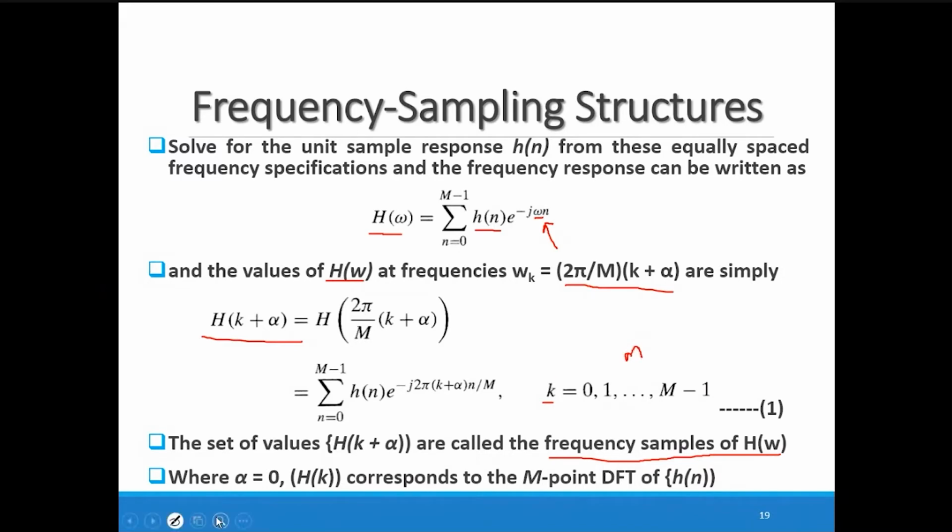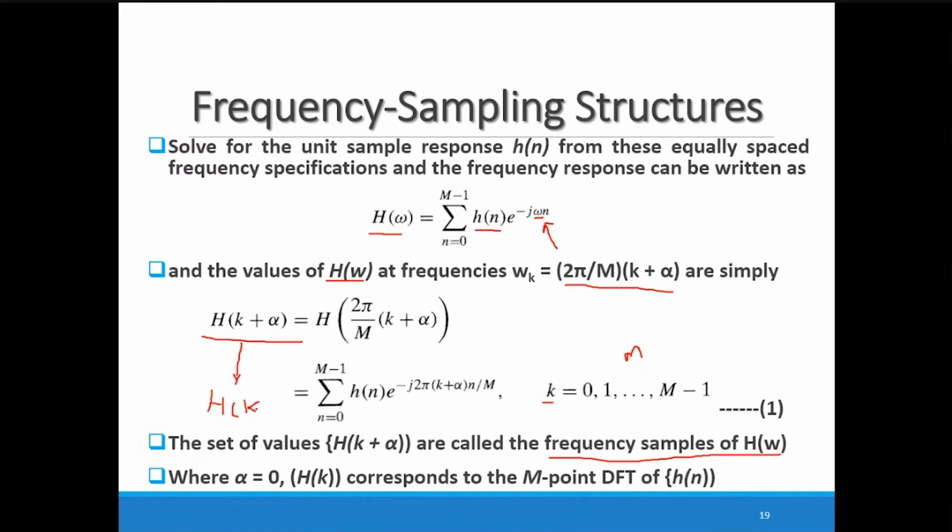Where alpha is equal to 0, if we assume alpha is equal to 0, then H(k) corresponds to the M-point DFT of h(n). As we have seen, alpha has two possible values, either 0 or 1/2. If alpha is equal to 0, then H(k + alpha) becomes H(k).